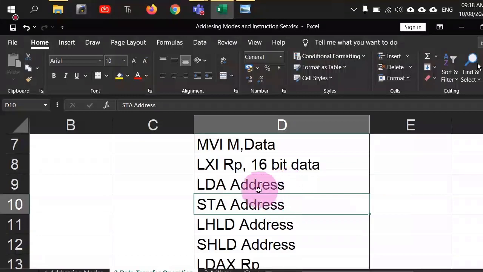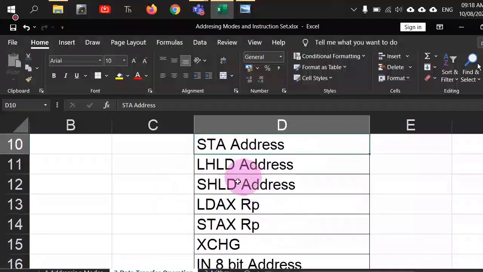These are only used for loading the data from accumulator to a specific memory location, and STA will be doing the opposite thing, right? Then we come to LHLD and SHLD. These are also similar commands. HL pair register is there in both, and L stands for loading.